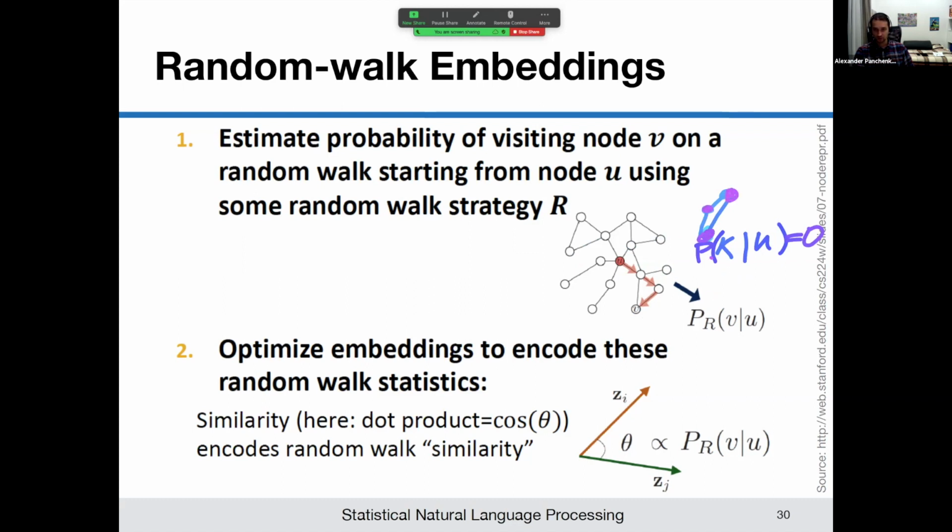A model which assigns equivalent conditional probabilities to this and this won't be a good model.